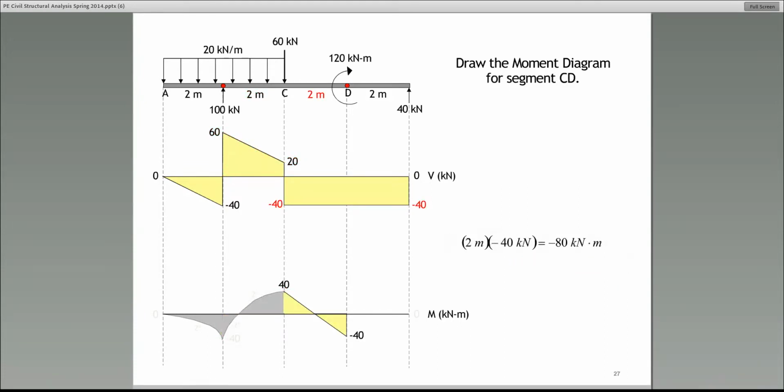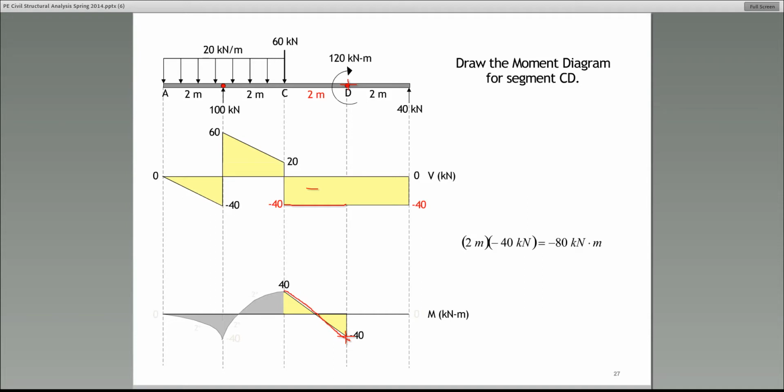As you go from C to D, look, the shear is a 0 degree curve. Therefore, moment needs to be a first degree curve with a negative slope. Why negative slope? Because the shear is below the x-axis. Now, in this particular problem, this is very important because at the point D, what do we have? Look at the load diagram. At the point D, we have a concentrated moment equal to 120 kilonewton meter.